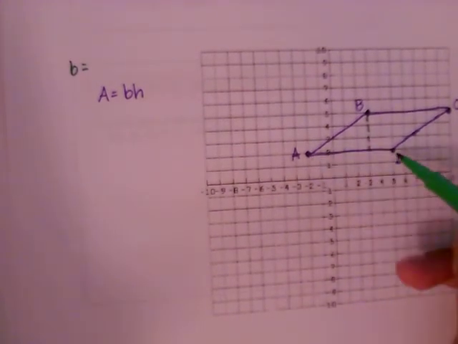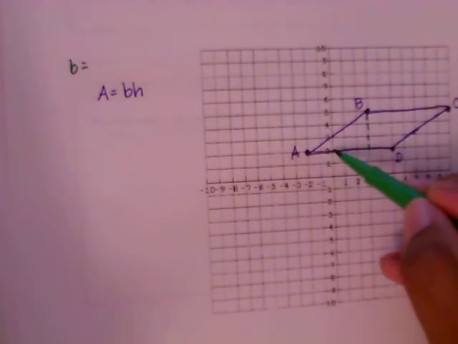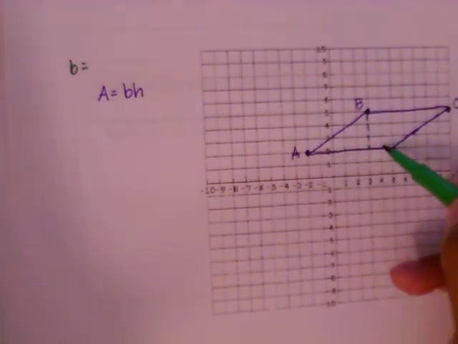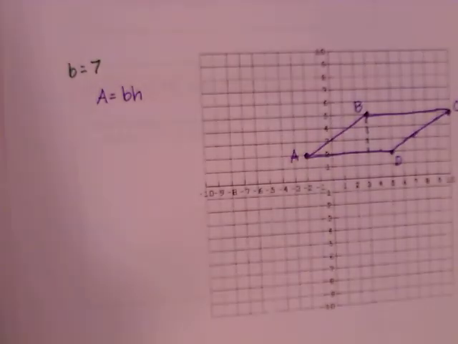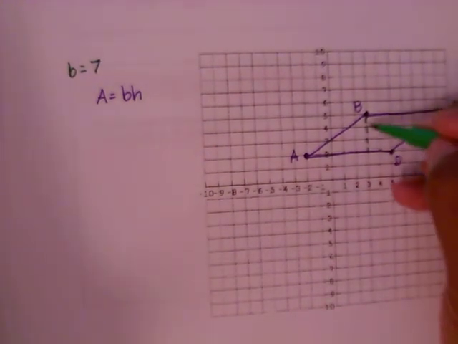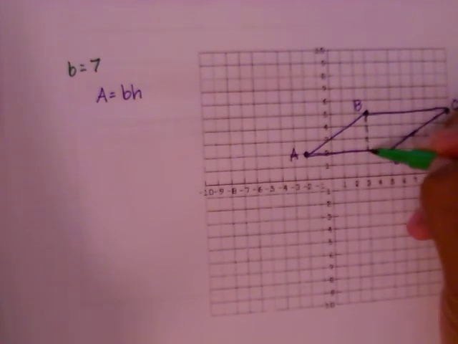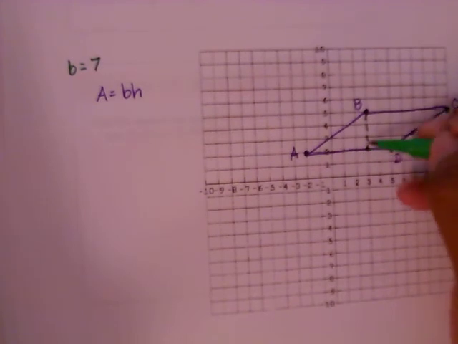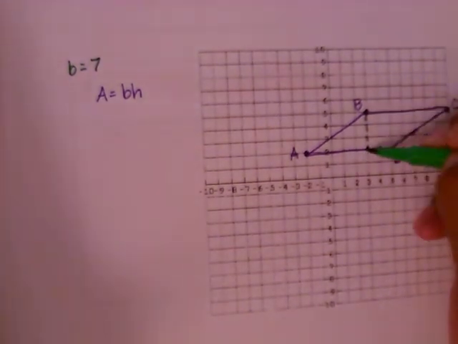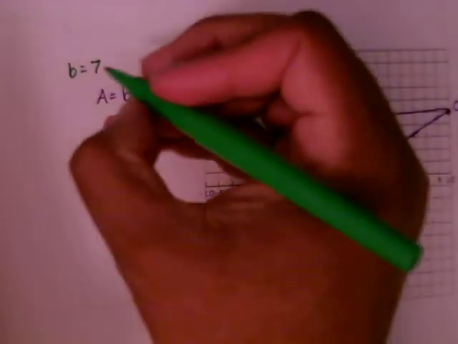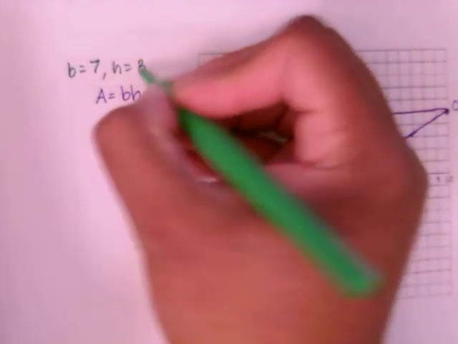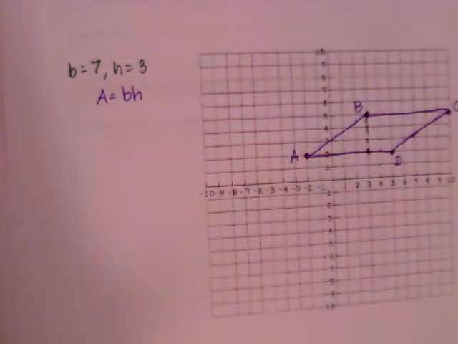So from A to D, I can count over 1, 2, 3, 4, 5, 6, 7. The distance from A to D is 7. That's your base. The height goes straight up and down, and it is perpendicular to the base. So if I go from B down to this point, I'm going to go down 1, 2, 3. That's your height. The height there is 3 units.